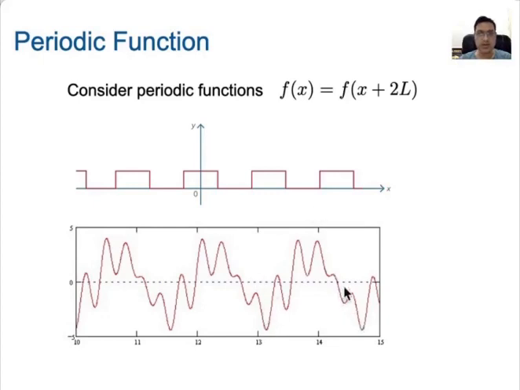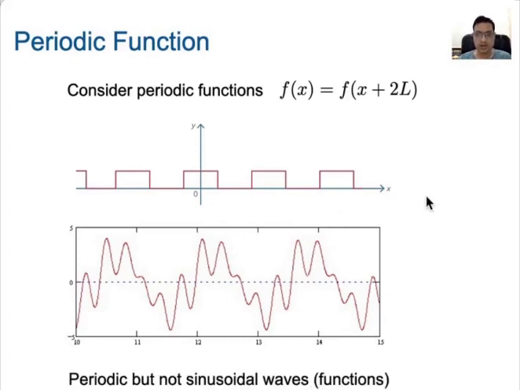So when any structure becomes repetitive, it means that the function is a periodic function. You have also seen that sine, cosine, all the trigonometric functions are periodic in nature, but these two functions which I have presented in this slide are not sinusoidal functions. So these are periodic but non-sinusoidal waves or functions.